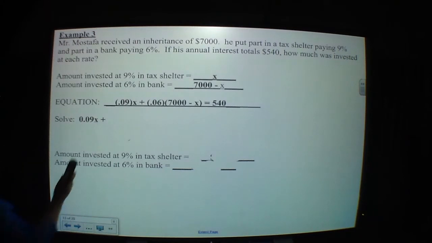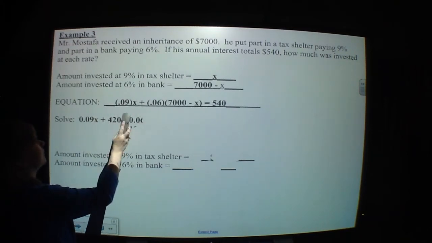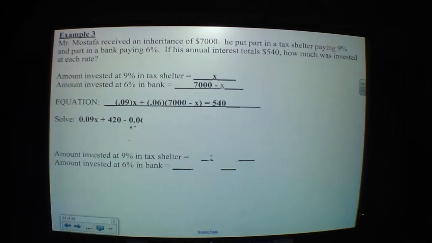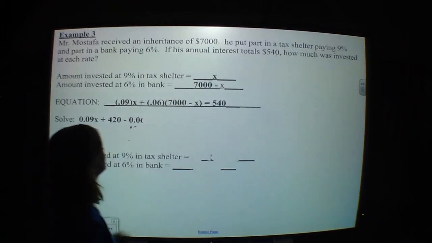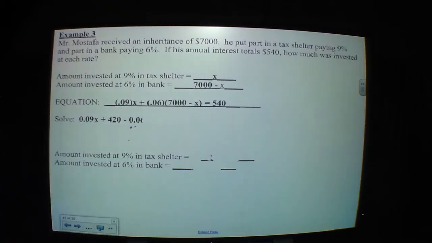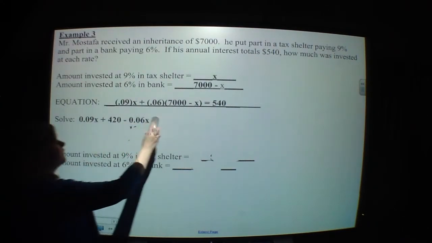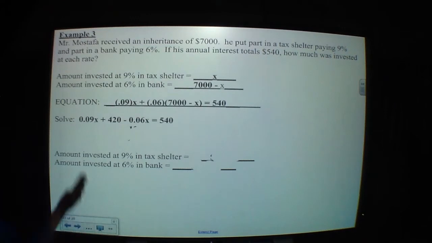So 9% X, if you distribute, 6 times 7 is 42, you know that, so let's move this over. That goes over two places, that you're really doing 70 times 6, which is 420. 6% X is 540. Combine your like terms.